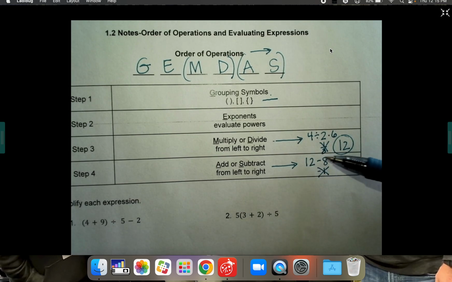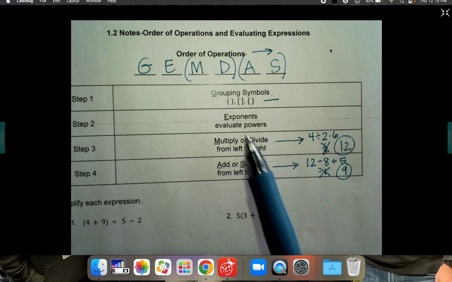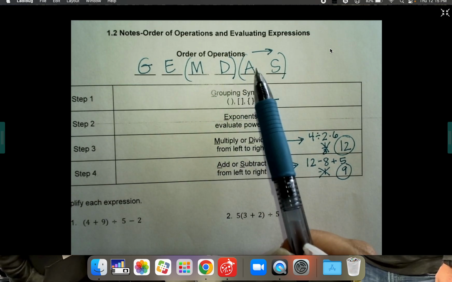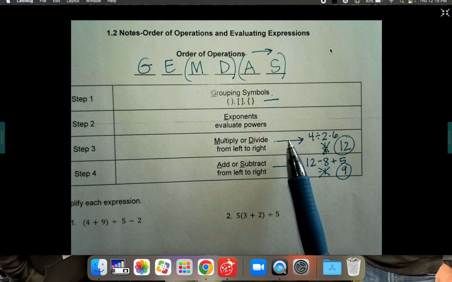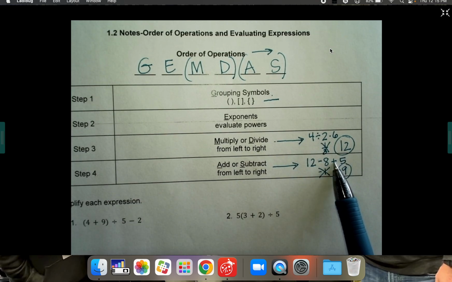We should have gone left to right. 12 minus 8 is 4, plus 5 is 9. So see how easily you could get the wrong answer. In MDAS, M and D have the same level of priority, so go left to right. Add and subtract also have the same level of priority, just go left to right.